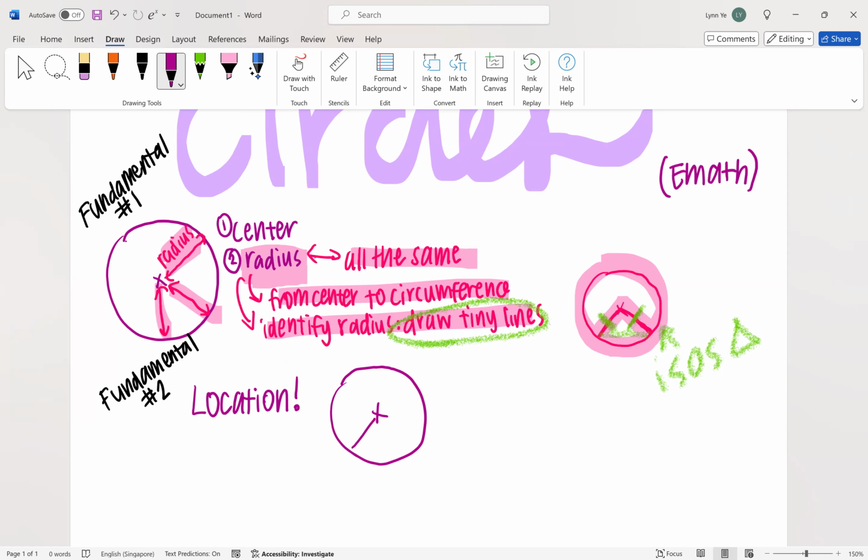So let's say, for example, guys, I have one radius here and another radius here. Can you see this radius? 2 radius? Is that a diameter? Why? How do you know what is considered a diameter? How come this is not a diameter? How do you define a diameter?